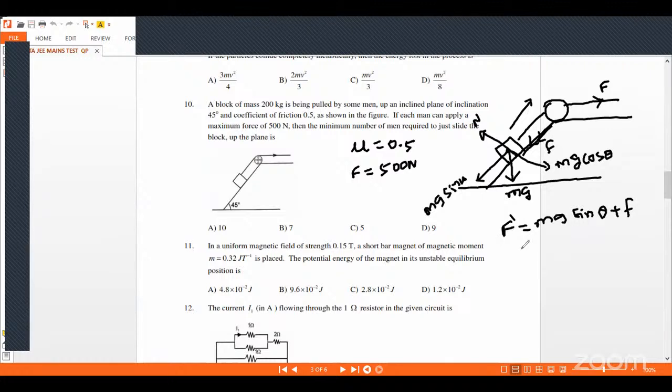That is mg sin theta plus frictional force, which means mu times N, that is mu mg cos theta. So upon calculation, we'll get the force as 200 into 9.8 times 3 by 2 root 2.